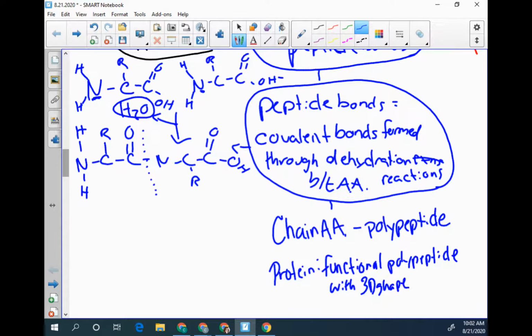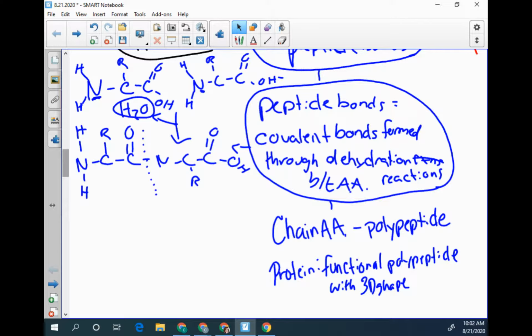So if you think about a wedding cake, it's all decorated, it's all stacked up. If that cake was a protein, a polypeptide would be like the cake batter. All of the ingredients are there. It's just not functional as a cake, and it's not put together yet. It doesn't have a shape.